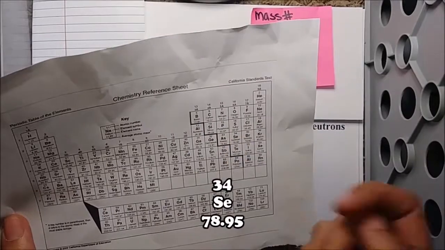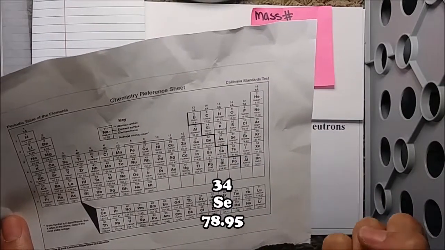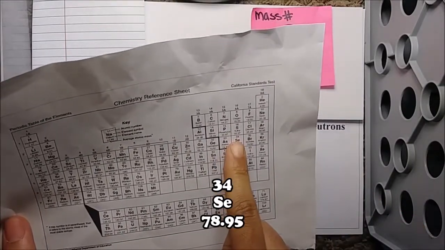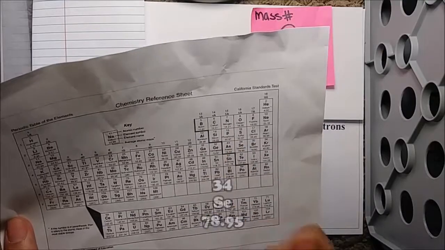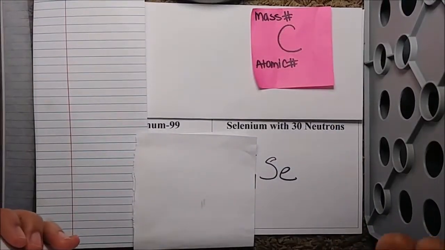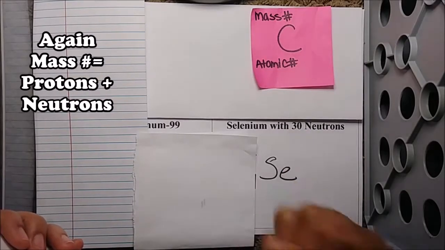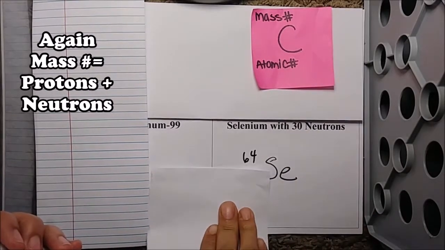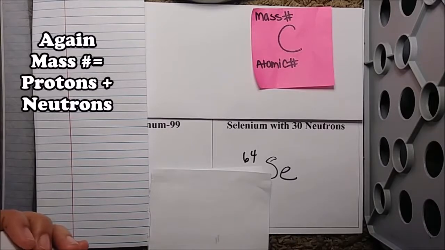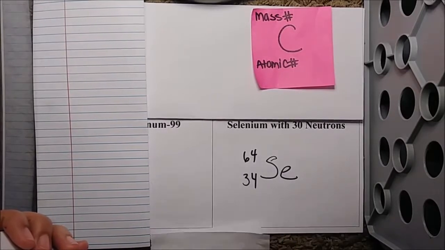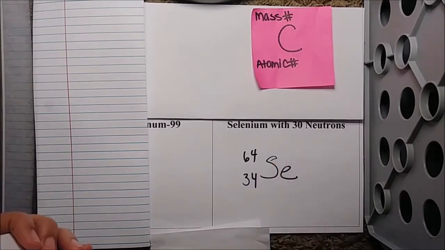So I found on my periodic table, again, the atomic number is the number of protons. It has 34 as its atomic number, which is also my number of protons. So 30 plus 34 gives me my mass number, which I got 64. And then its atomic number is just the 34, or the number of protons.